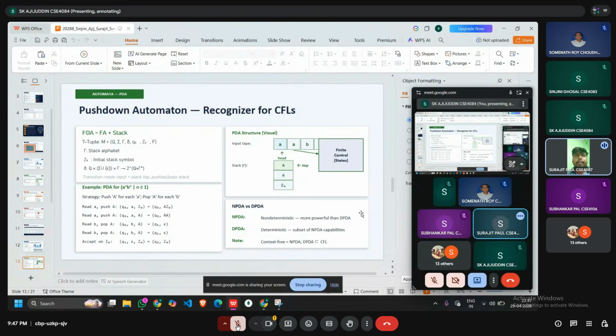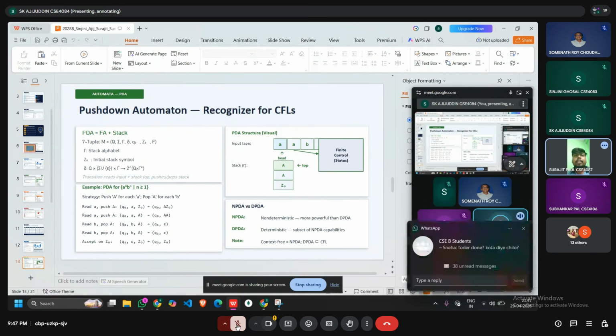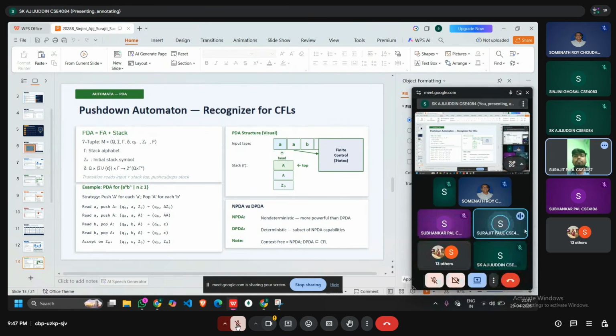Now looking at the types of PDA, NPDA and DPDA, non-deterministic and deterministic. NPDA is more powerful than DPDA. There are some context-free languages that DPDA cannot recognize, which is why NPDA is the standard recognizer for this class. Next slide, Rich.